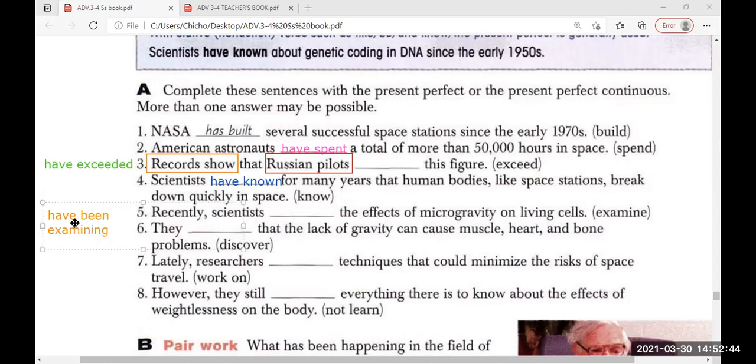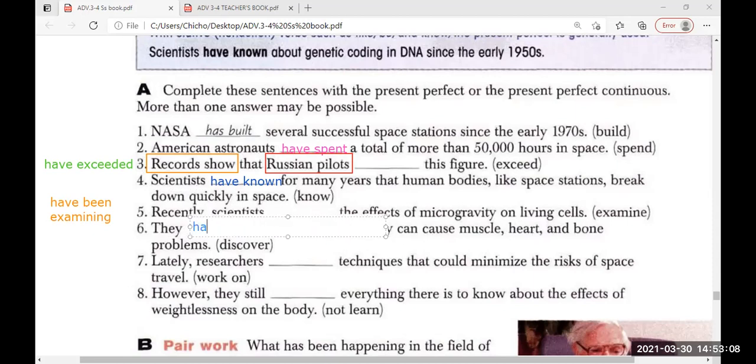Okay. Number 6, they, what can we say here? They have discovered that the lack of gravity can cause muscle, heart, and bone problems.